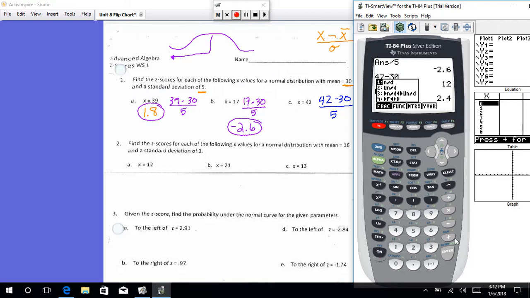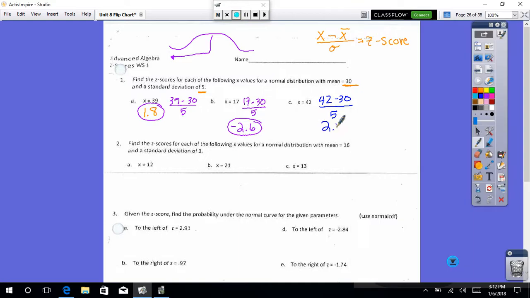If you're doing this in alpha y equals, 42 minus 30 on top over 5 on the bottom, it's going to give you a fraction. If you hit the math button, which is right here under alpha, and then the second choice tells you to change it to a decimal, then it will change it to that 2.4 for you. Just another option if you want to use it.